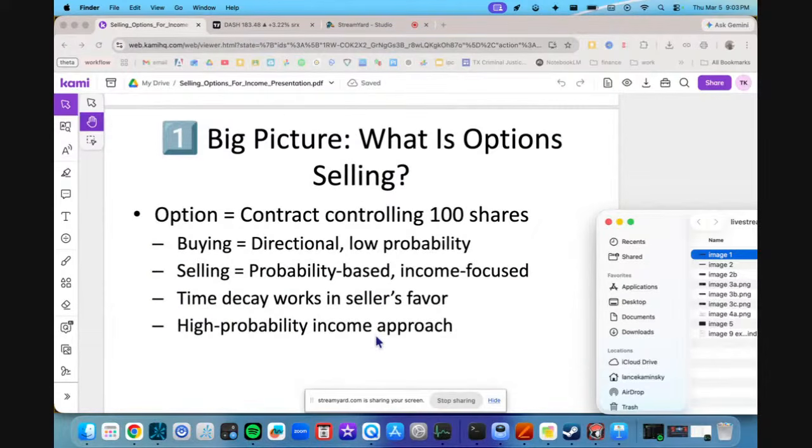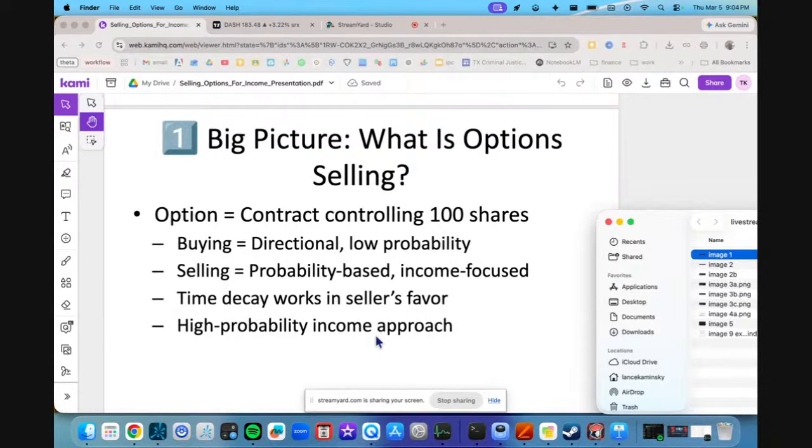First, what is option selling? Because a lot of people that watch these are typically on the buy side. Sell side is pretty much the exact opposite of the buy side. When you have an option, it's controlling a contract with 100 shares of stock. If you buy an option, you're going to be pretty much owning 100 shares depending on your delta.